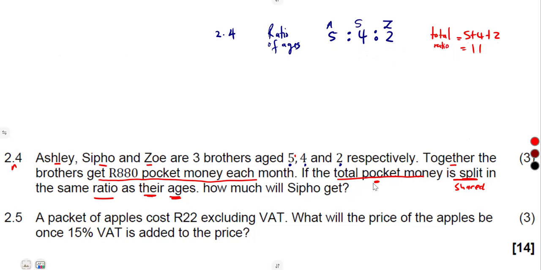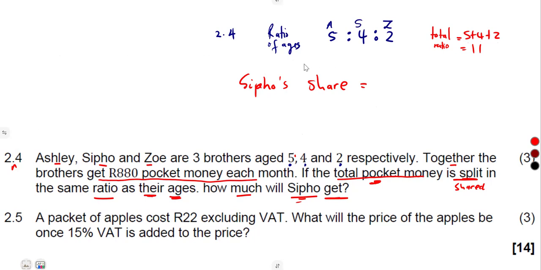Since you are to share the total pocket money, you must have the total of the ratio. So they are saying, how much will Sipho get? What is the share of Sipho? All right. So let us have Sipho's share.